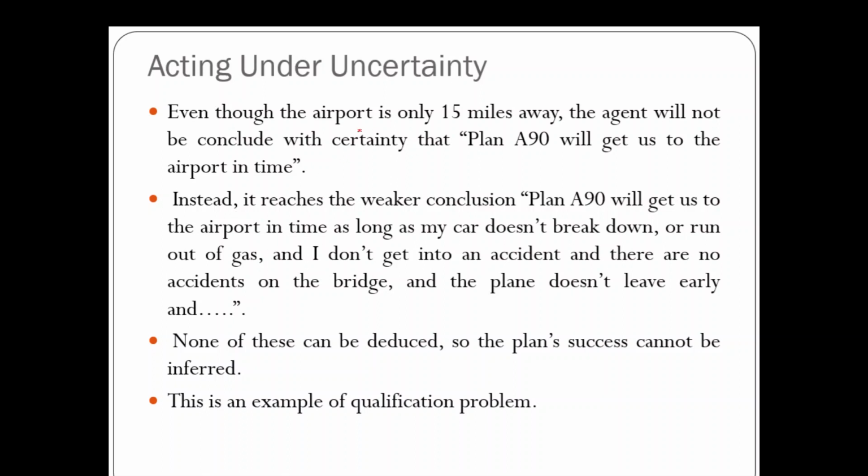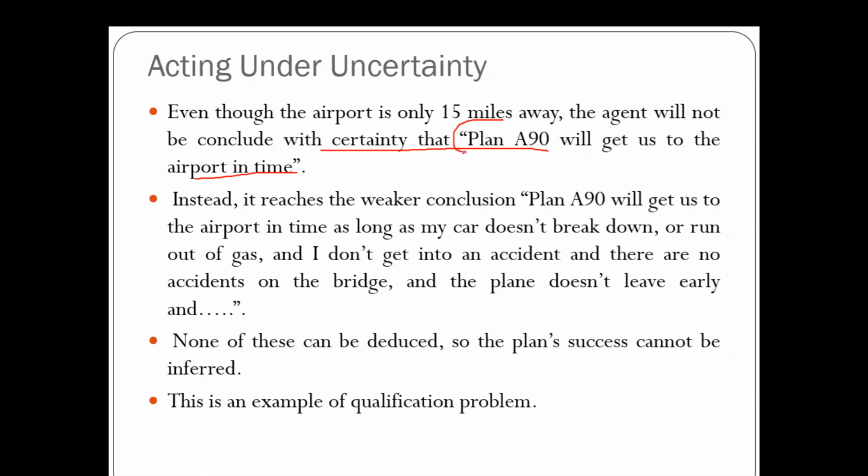Now even though the airport is only 50 miles away, in this case the agent will not be able to conclude with certainty that the plan A90 will get us to the airport in time. So what is the reason? The reason is, of course, most of the time the plan A90 will be successful.